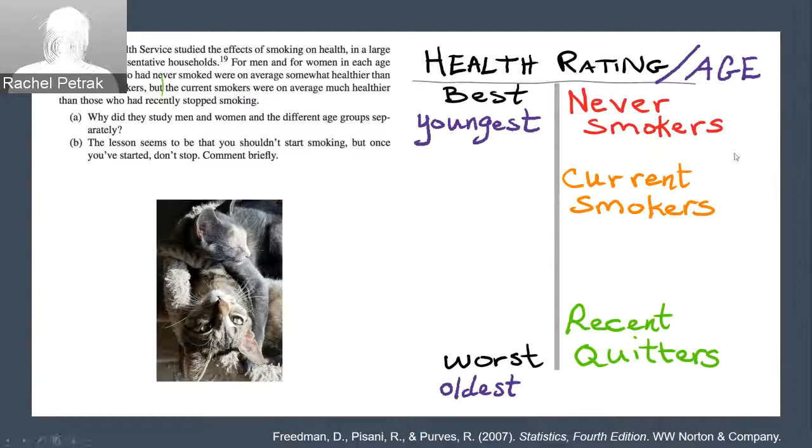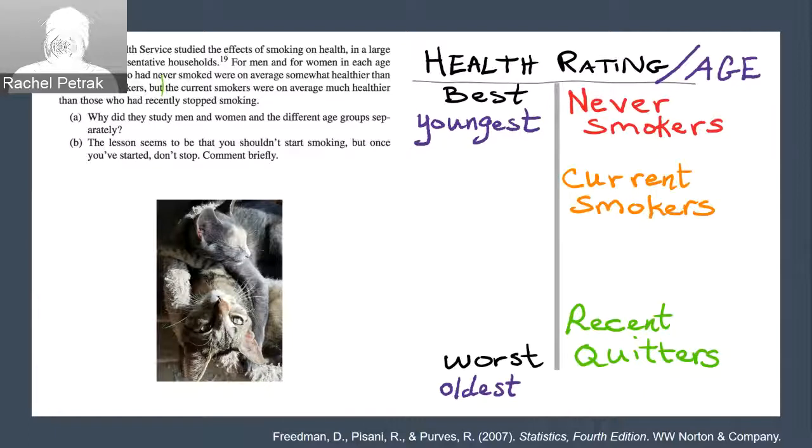Our right-hand column here are groups. So first we have the never smokers. They're likely to be the youngest people. As people get older, they're more likely to currently smoke or have been a smoker. And so as we move along in age, we have current smokers.